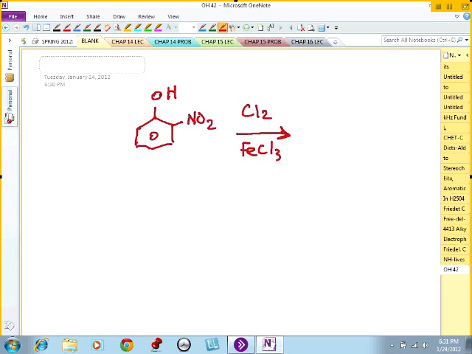The hydroxy group is an activator. Okay? It activates the benzene ring. The nitro group is a deactivator. So in this particular instance, the activator will take charge of this reaction, will direct the incoming group. Okay. So therefore, we expect the incoming group to go to where? To go to this position and to this position, because the hydroxy group is an ortho-para director. Okay.